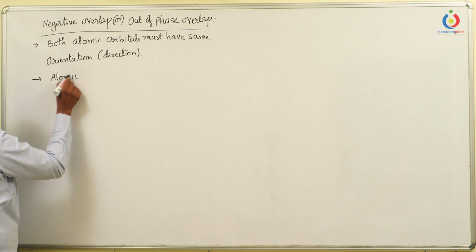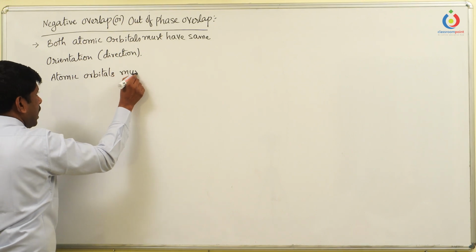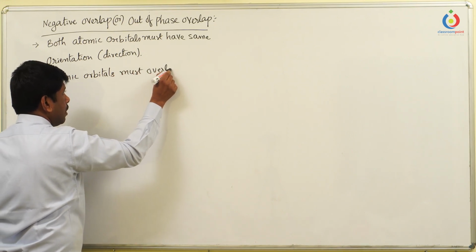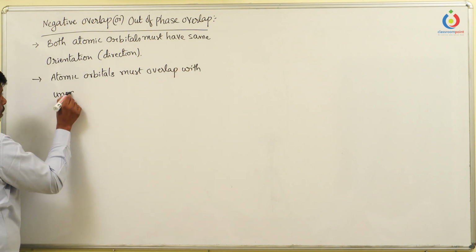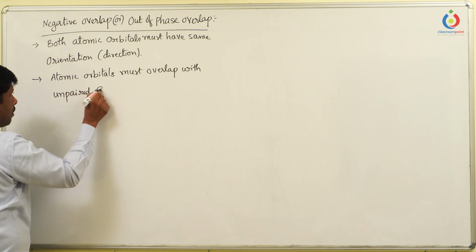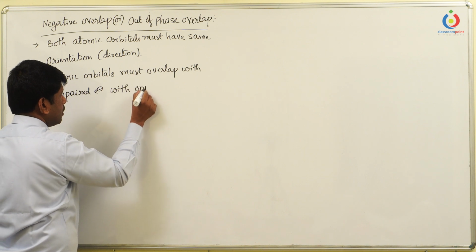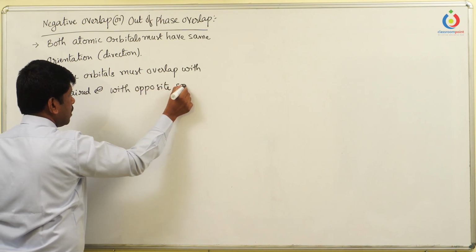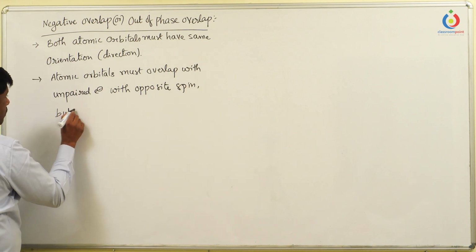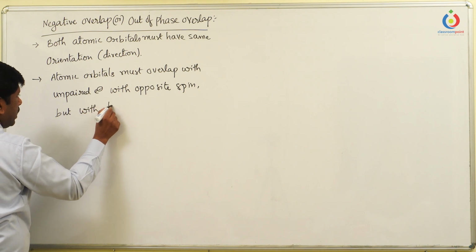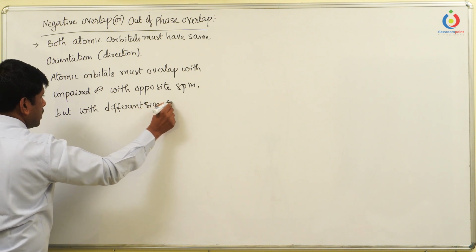Atomic orbitals must overlap with unpaired electrons, again with opposite spin, but with a different sign. Different sign in the sense of phase.